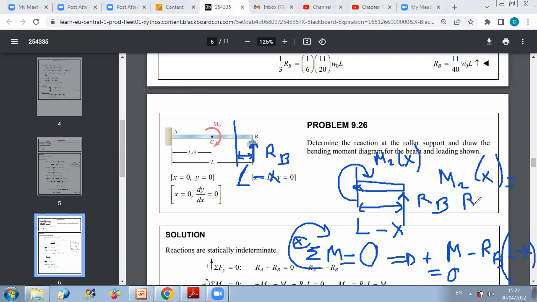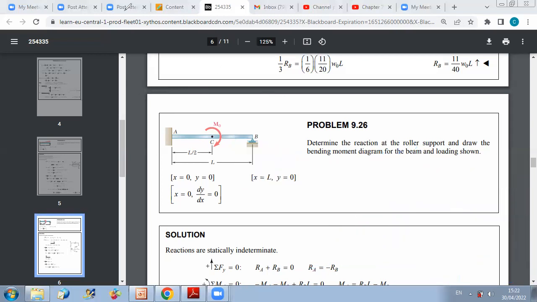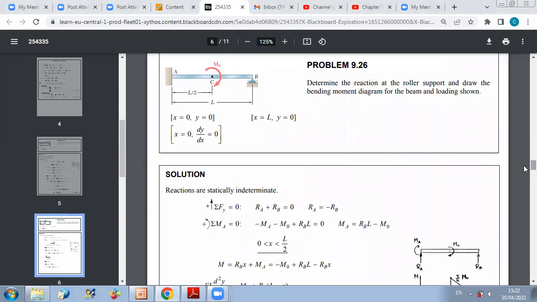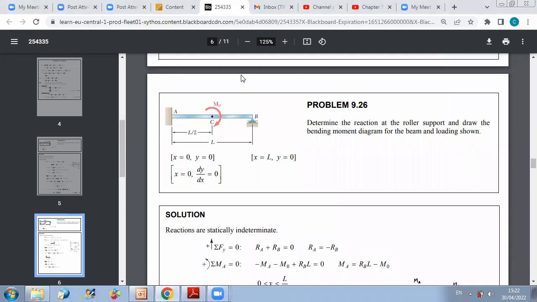Now, once you find the expression of the bending moment in the two sections, you can integrate each expression twice to get the deflection equation. In this problem, they started first by using statics on the whole beam to relate the reactions. They applied sum of y equal to 0 to get a relation between RAY and BY, so RA plus RB equals 0, which means that RA is minus RB.